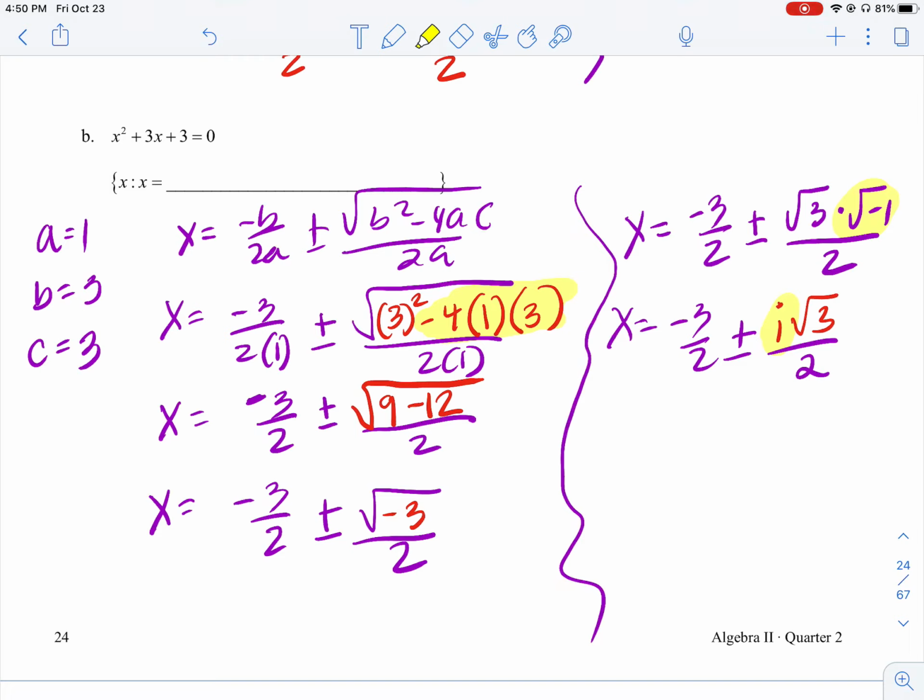If you're confused about that, please take a look at the video for pure imaginary numbers. Because I could no longer simplify that, my final answer is negative 3 over 2 plus and minus i square root of 3 over 2.